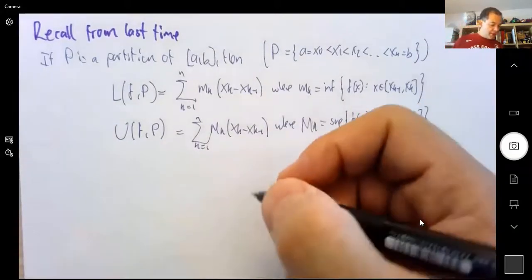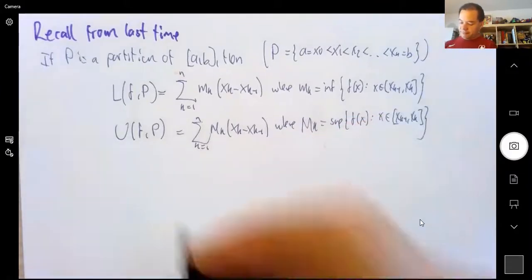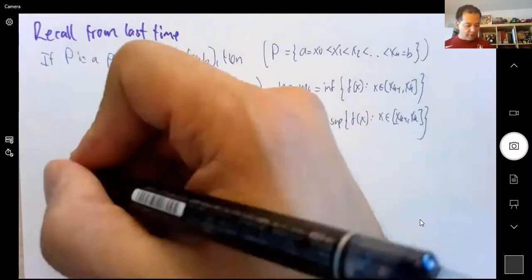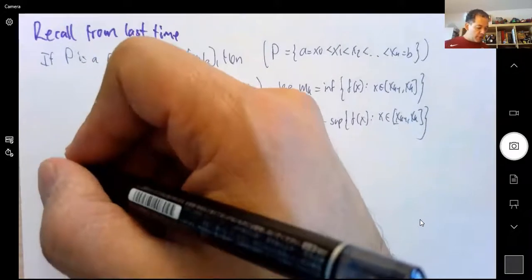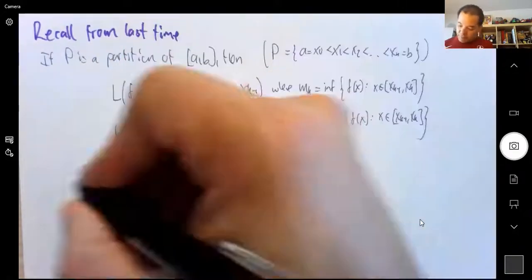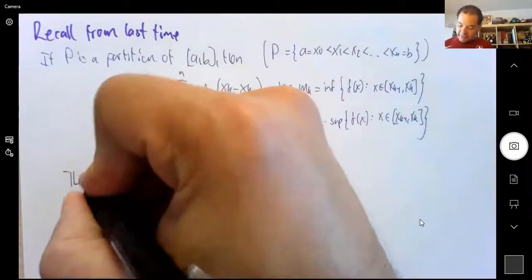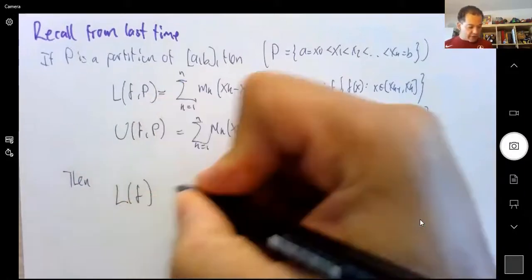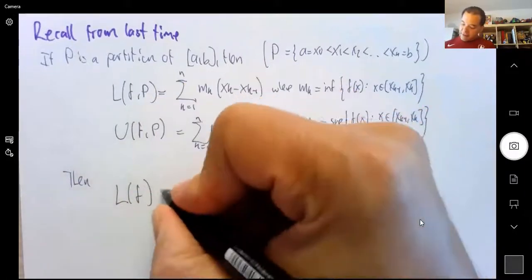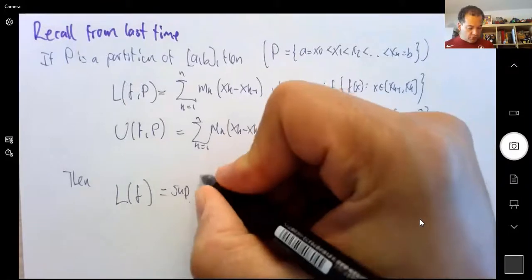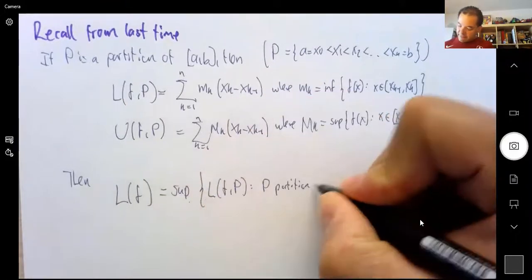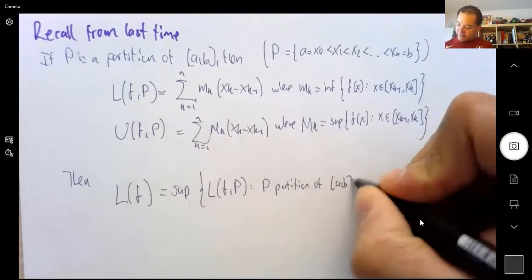Then we define the upper integral and the lower integral as the corresponding infimum and supremum. So then L of f, that's the lower integral. That's the largest of all of these for all partitions.